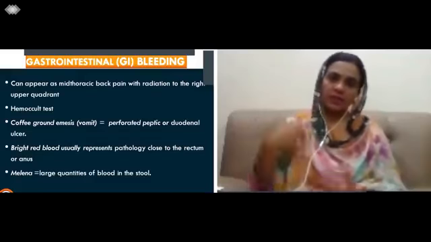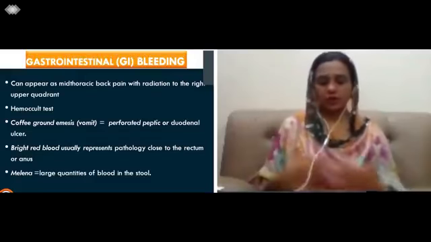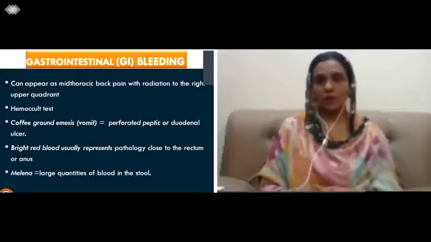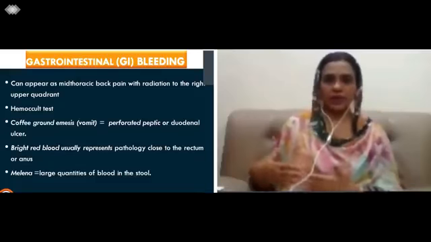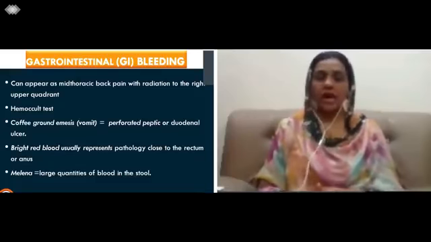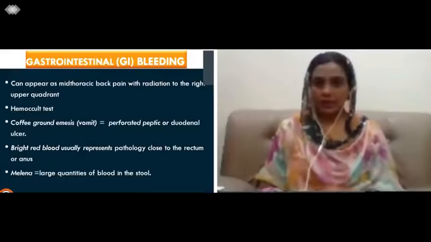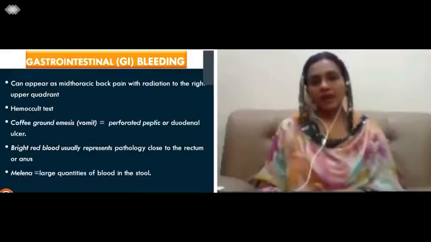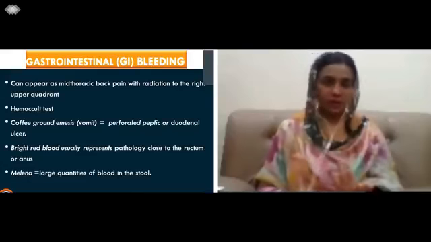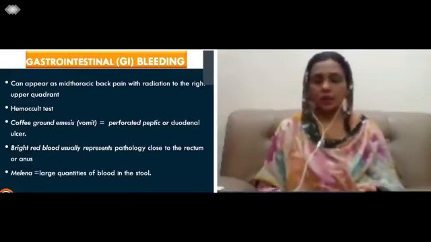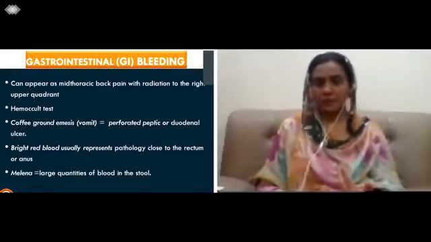If you remember the quadrants of the abdomen, it can also radiate to the right upper quadrant. So GIT bleeding can cause either mid-thoracic pain or right upper quadrant pain.